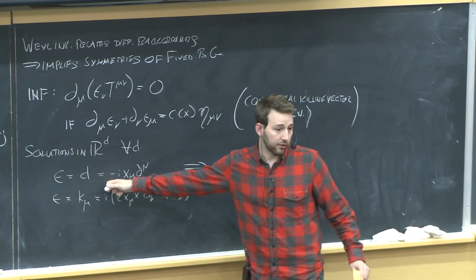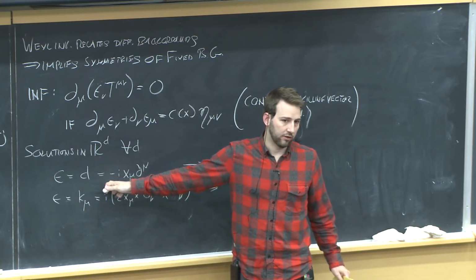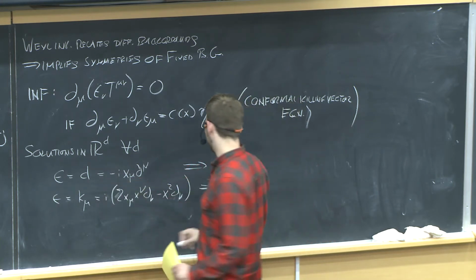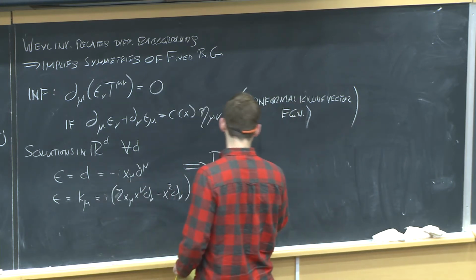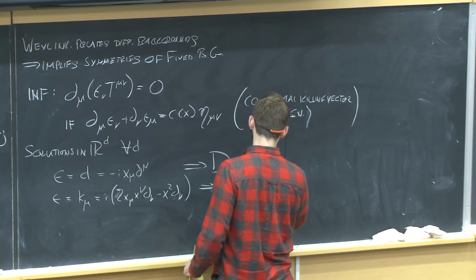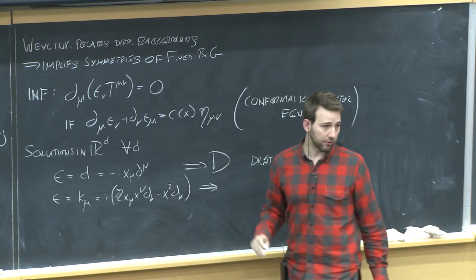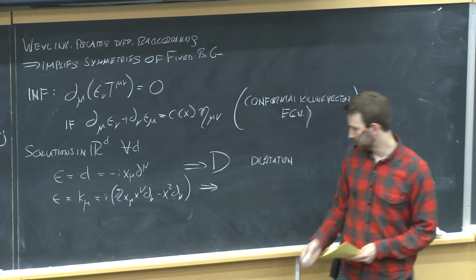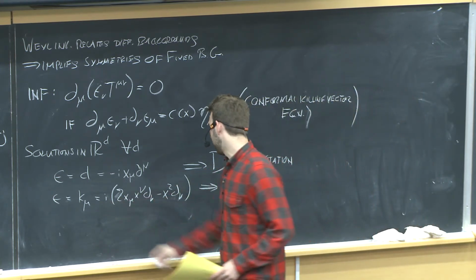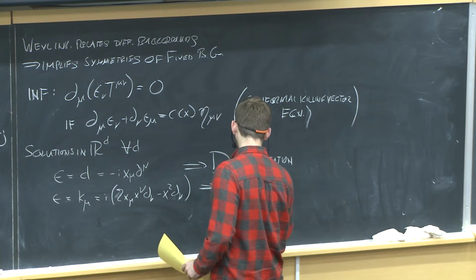And the charge I build using this D Killing vector, I will call capital D. And it is known as the dilatation charge, or the generator of dilatation symmetry. And the thing that I build with these Ks, again, will be the capital version.